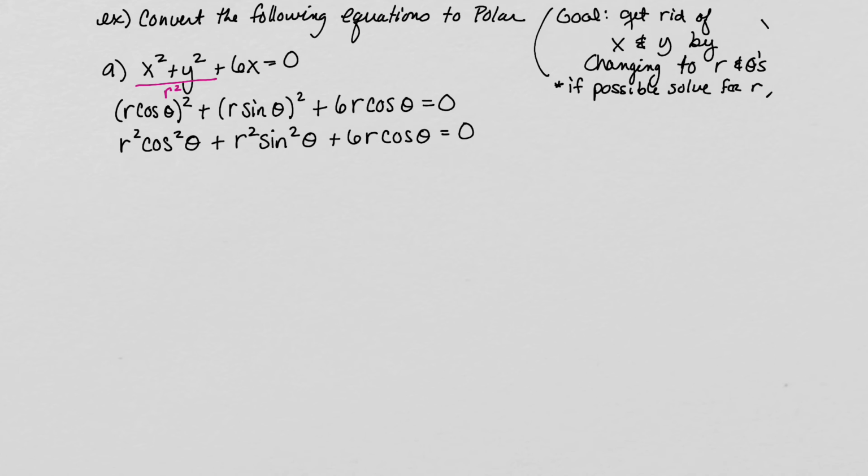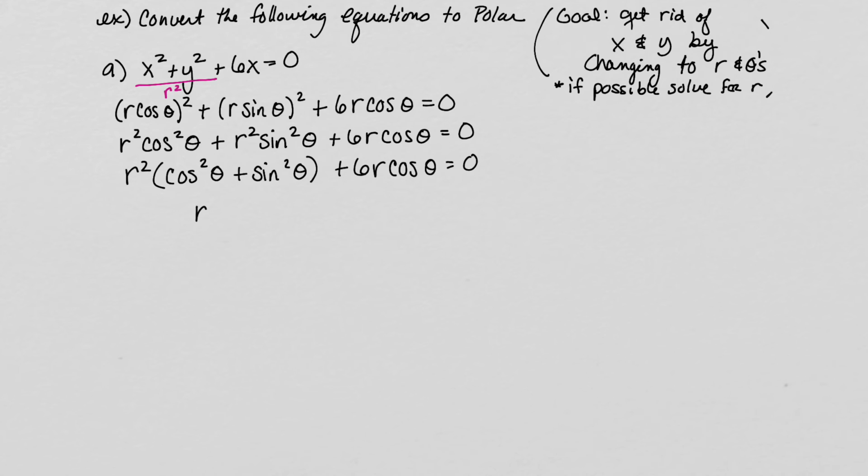In the first two pieces, I could factor out an r squared, and I'd have r squared times cosine squared theta plus sine squared theta, plus 6r cosine theta. If you remember from when we were doing identities, cosine squared plus sine squared is 1.